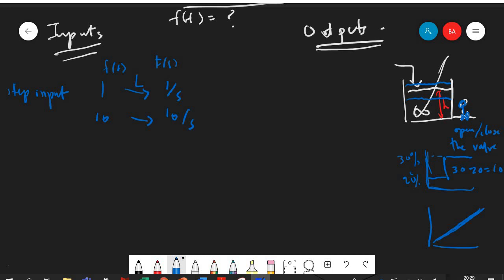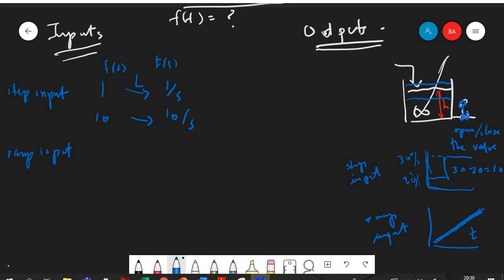What will happen to the concentration of that vapor in the atmosphere if there is a leak which goes in a linear format? They call this change a ramp input, and then we study what happens at the output. So the first one was called step input, and the second one is called ramp input. A ramp input is represented as t, which is just a slope.